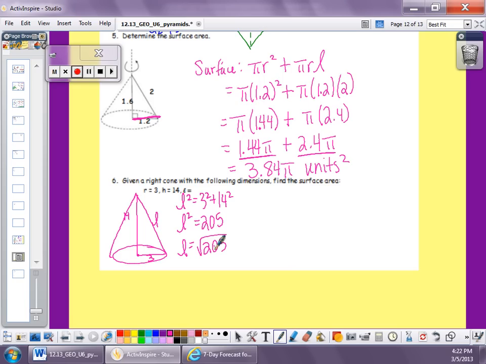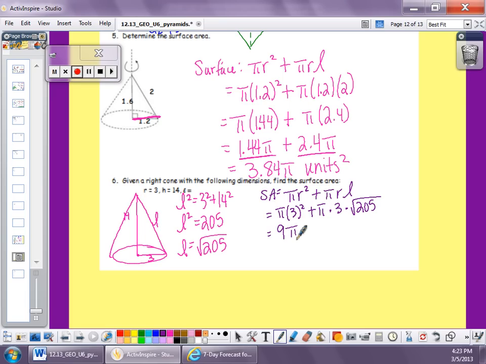I'm going to do this as an exact answer, because realistically, if you were rounding, you shouldn't round until the end. So my surface area formula is my base pi r squared plus pi r L. So this gives me pi times my radius, 3, squared plus pi. My radius is 3 and my slant height is the square root of 205. 3 squared is 9.